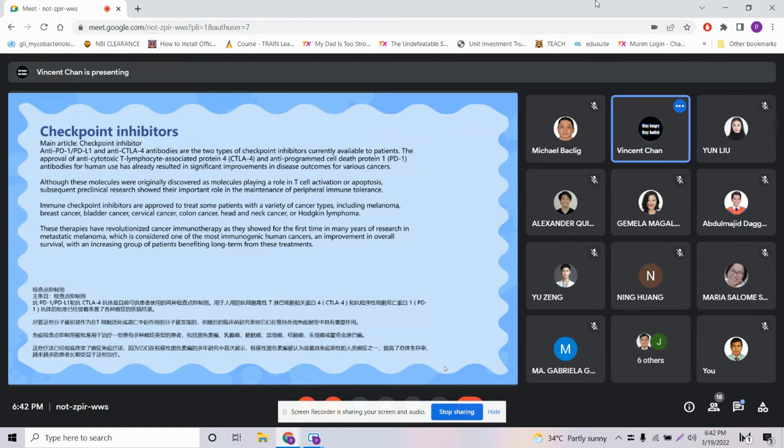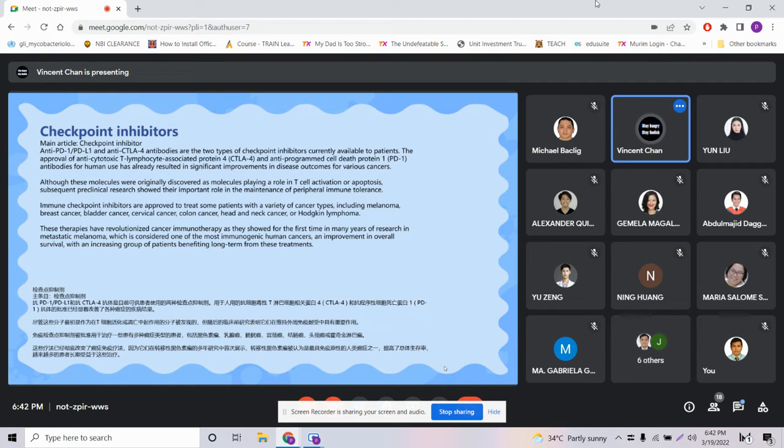Immune checkpoint inhibitors are approved to treat some patients with a variety of cancer types, including melanoma, breast cancer, bladder cancer, cervical cancer, colon cancer, head and neck cancer, or Hodgkin lymphoma.